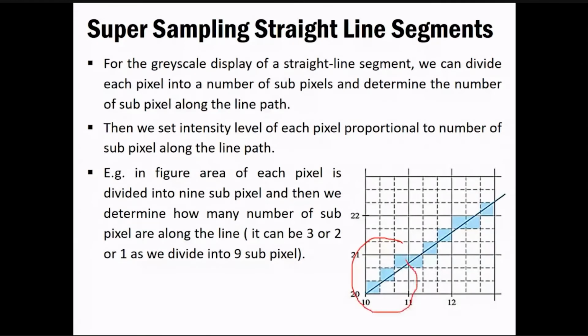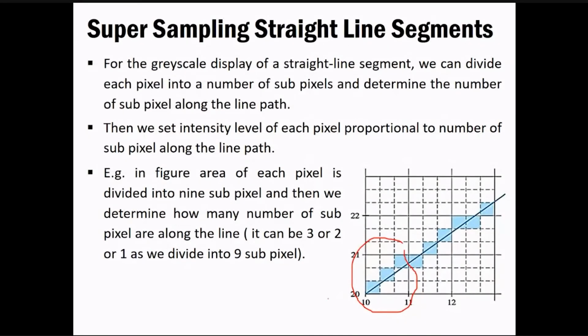This is one main pixel, which we have in turn divided into 9 subpixels, and then we need to determine how many subpixels are along the line. In our case we have 3 such subpixels through which the line is passing, so you take that count. It can be 3 or 2 or 1, as we divide into 9 subpixels.